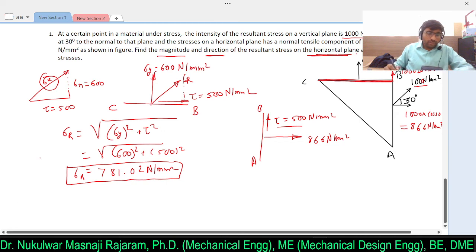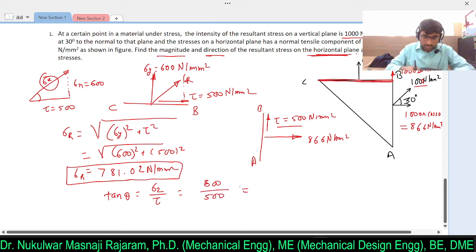Clear? Now if you observe this particular figure, if I consider the normal stress, that is along sigma y and tau, here I can write tan theta equal to sigma y divided by tau, then it is 600 divided by 500.